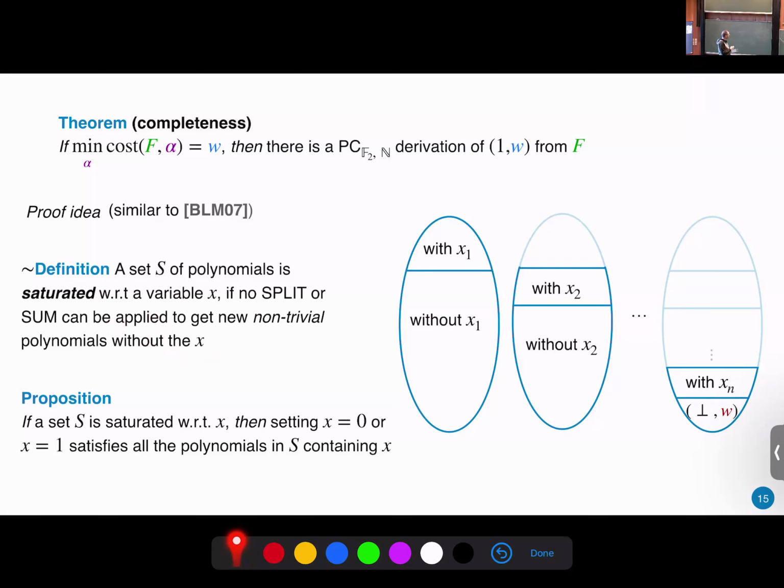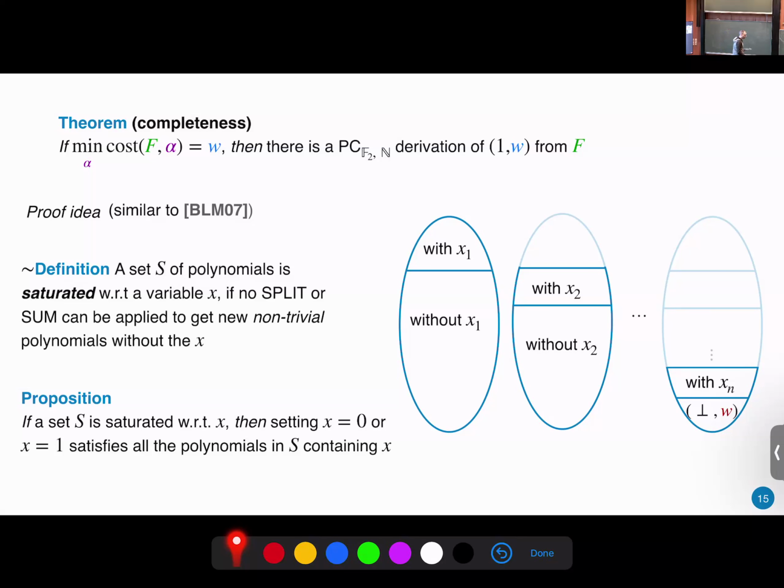The useful thing about a saturated set is that if we have a set of polynomials saturated with respect to a variable, then for every assignment that we have, setting that variable to 0 or to 1 satisfies all the polynomials. It's not just that the set of polynomials is satisfiable, but if you are given an assignment on the rest of the variables, you can satisfy all the polynomials containing x by setting that value.